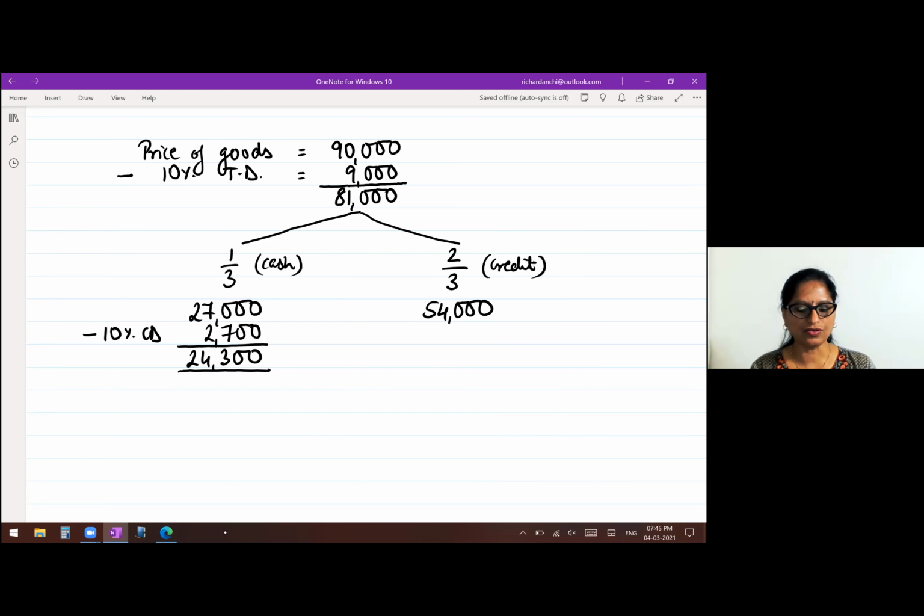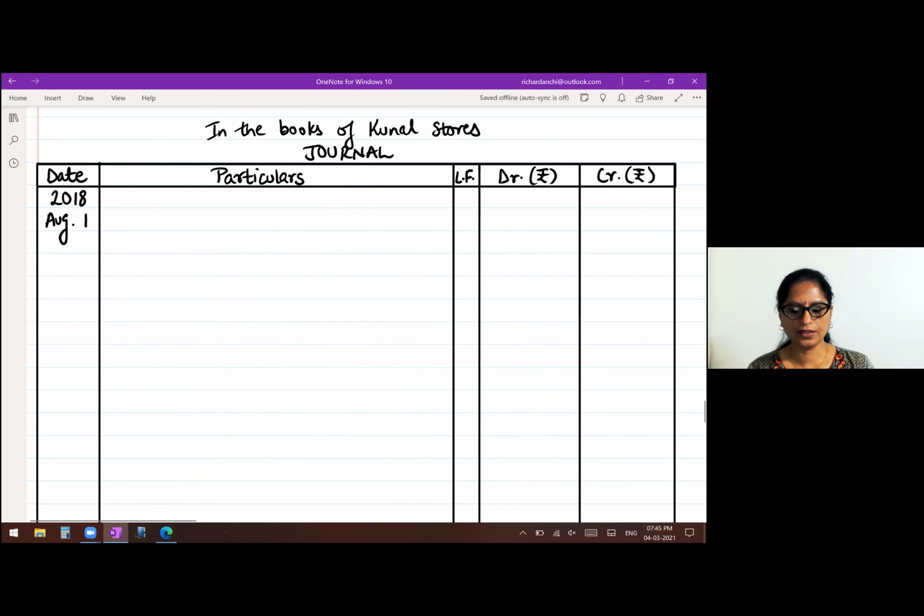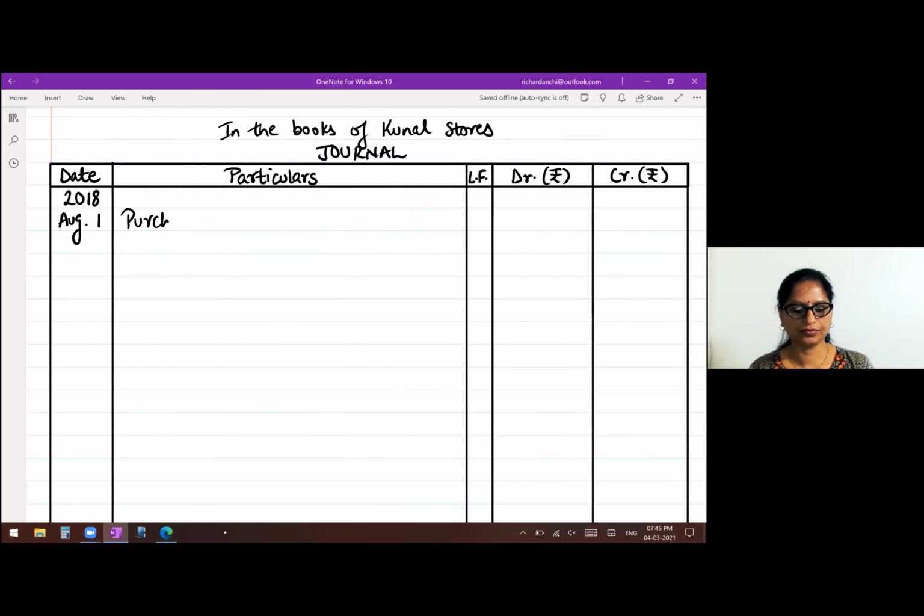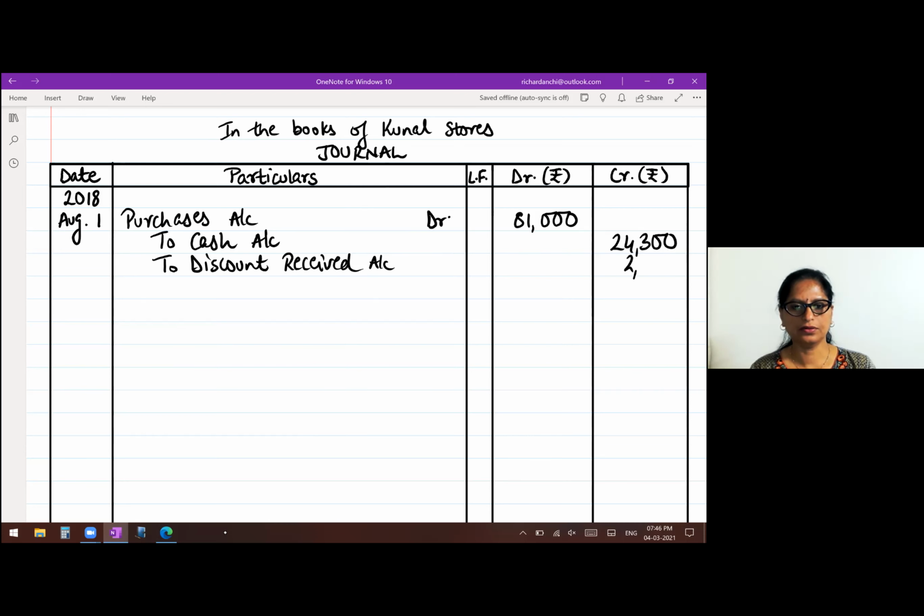Okay, now you will write the entry as purchases account debit 81,000 to cash account 24,300 to discount received account 2,700 and to Rakesh's account 54,000.